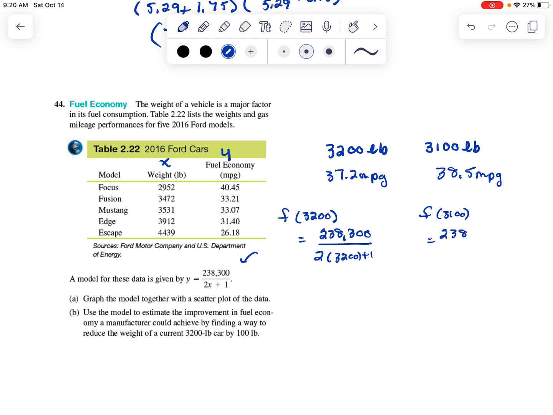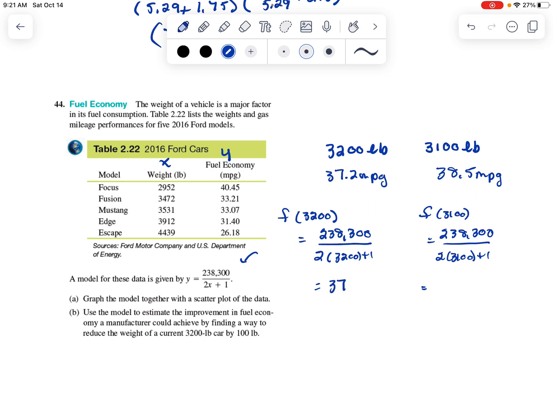That's 238,300 divided by 2 times 3,100 plus 1. And now let's calculate that. That is 238,300 divided by 6,401.